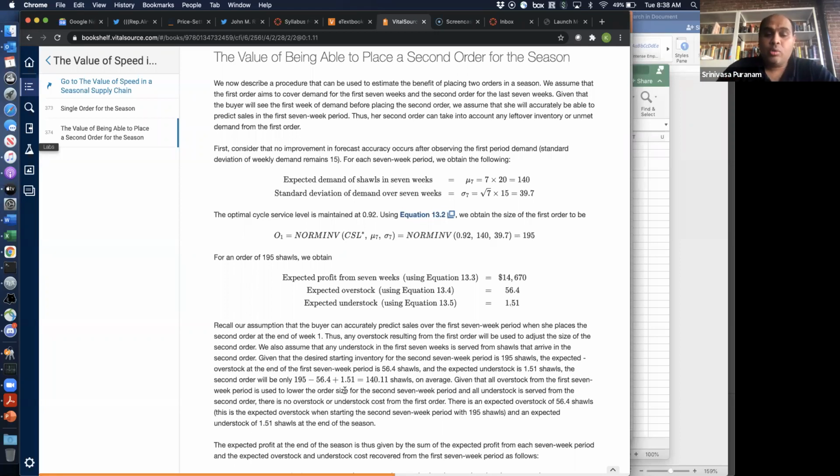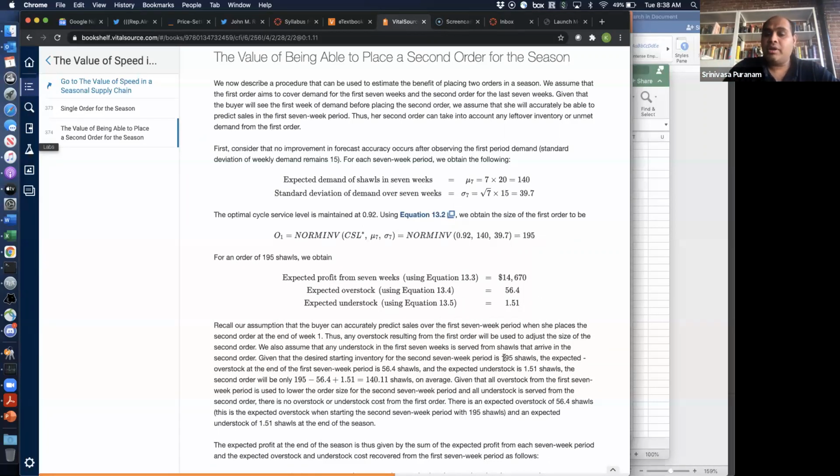So your order quantity for the second half is not going to be 195, because remember that we are saying that the second half of the season is the same as the first half, that we don't improve our forecast accuracy. The order quantity should be the same, because the first half will be 195, the second half will be 195, and everything works that way.